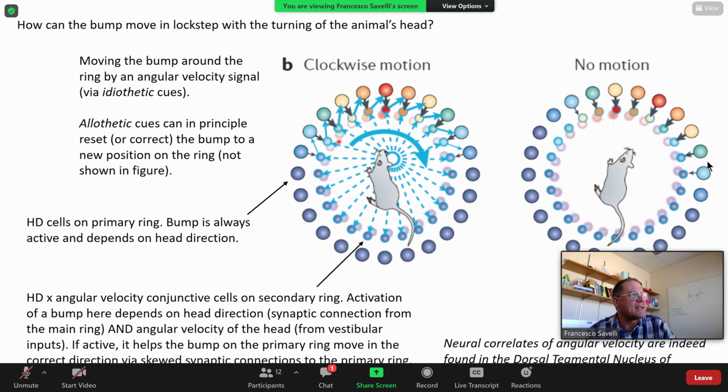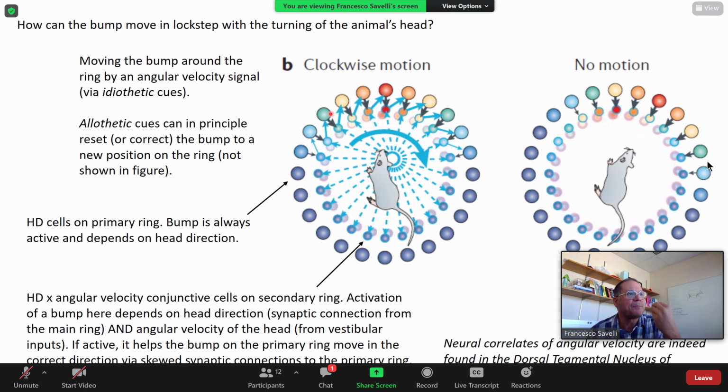But if the animal is moving and now it does have an angular velocity in that direction, these cells are active, so that you get the activity from this to this and then back to the next neuron. So they are connected in a skewed way so that they can make the bump move in the right direction at the right speed.